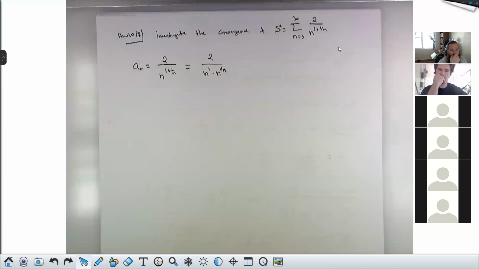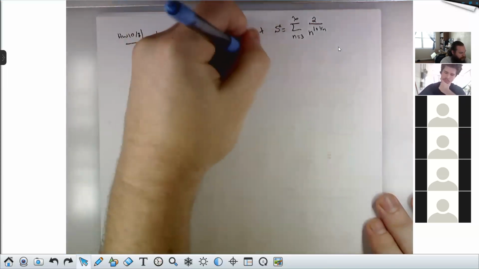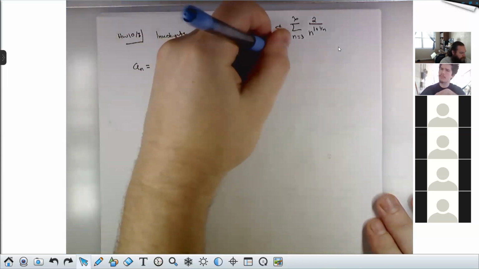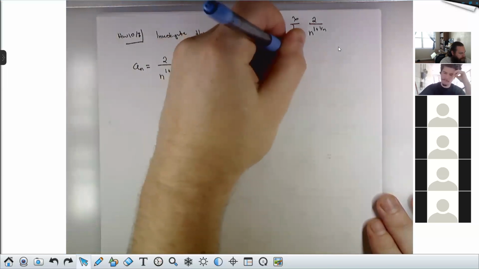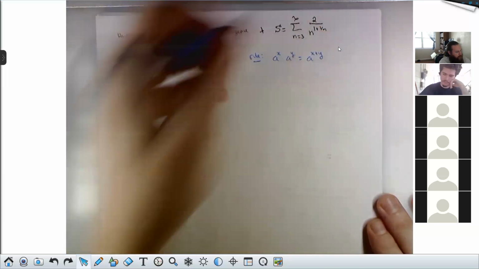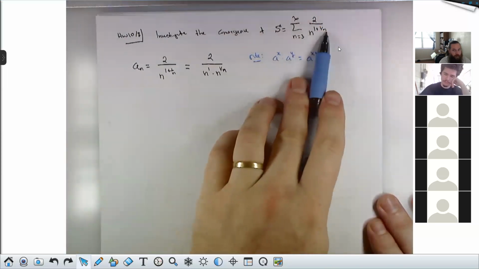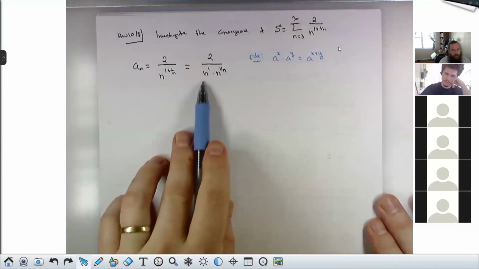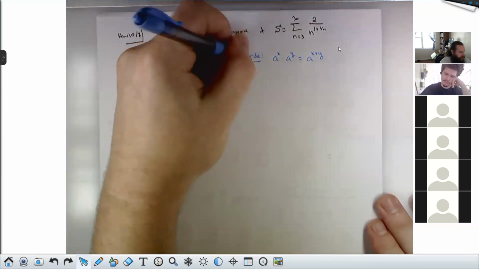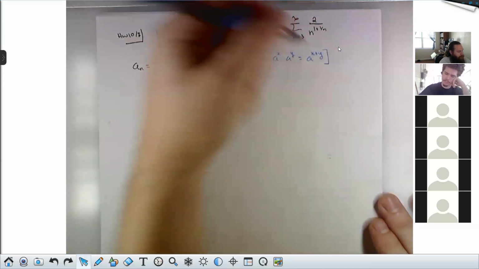Agreed? So the algebra rule here is that a to the x times a to the y is the same as a to the x plus y. So n to the 1 plus 1 over n is the same as n to the 1 times n to the 1 over n. It's the algebra rule that we're using in the background there.